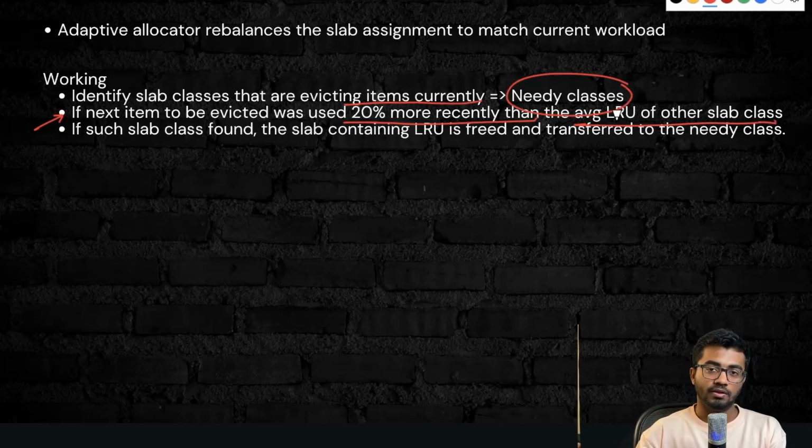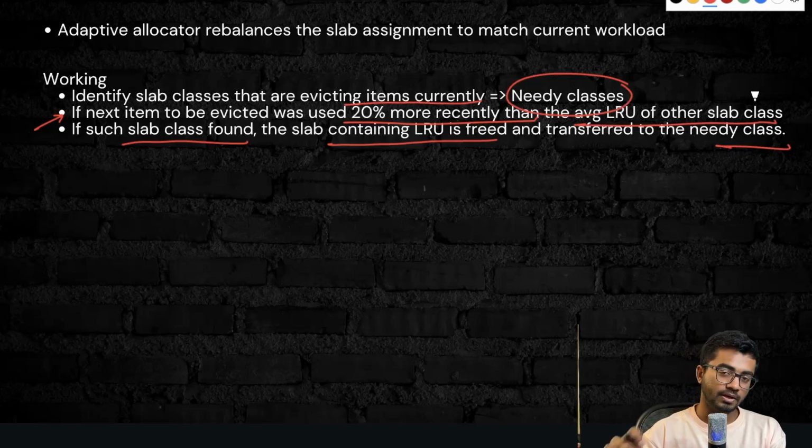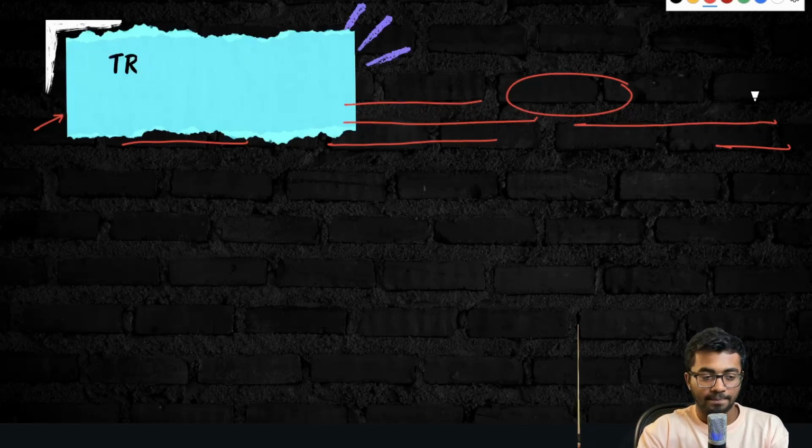So if the item that is evicted next is being used 20% more recently than any of the slab classes that we have, and such a slab class is found, then the slab containing the least recently used item is freed and transferred to the needy class. That means in this case, the allocator assigns this slab to another class. So that is how the adaptive slab allocator improves the performance of the Memcache server.